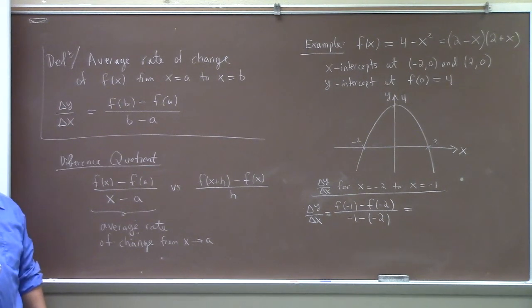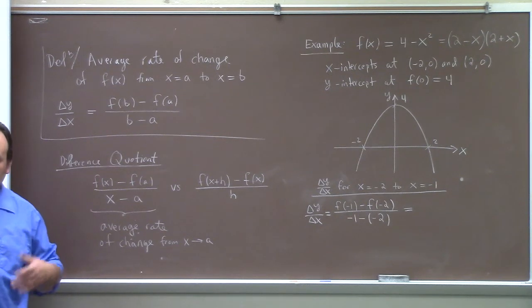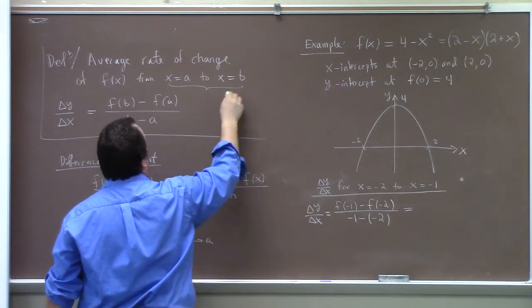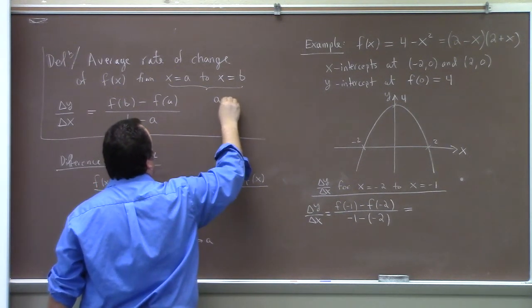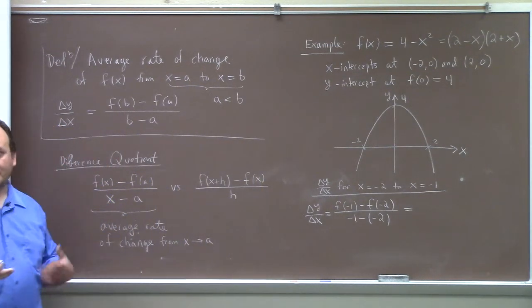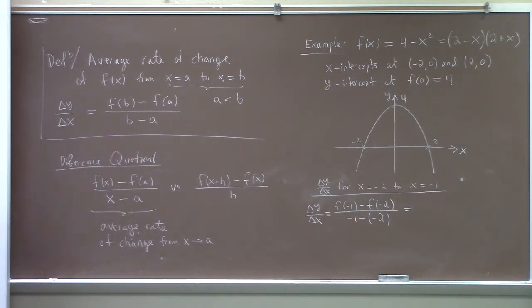So where did the negative 1 come from? Well, just as a point of naturalness, custom, I should say it's customary to take A less than B, right? We usually judge change going left to right.